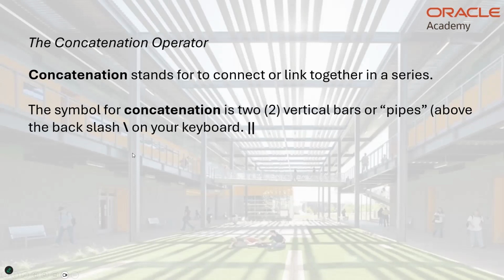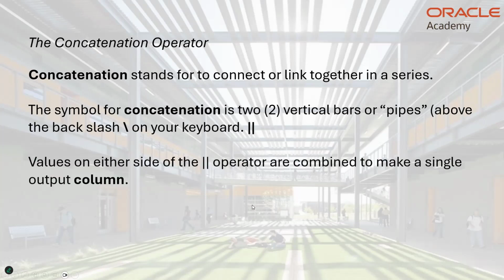The symbol for concatenation in SQL is two vertical lines. We call them a pipe, above the backslash, which is next to the square brackets, if you don't know on your keyboard, depending on what keyboard you have, but there's two of those. That stands for concatenate. So like what Vera described, in programming, you generally use a plus, but in SQL, two pipes, and I will show you how that works.